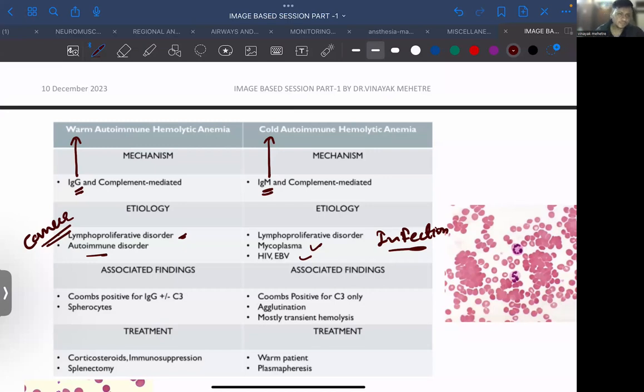Treatment, what do you think? Treatment in cold autoimmune and warm autoimmune hemolytic anemia, just remember like this. Steroids. क्या देंगे हम? Steroids. If steroid is not given, then we will do something called splenectomy.